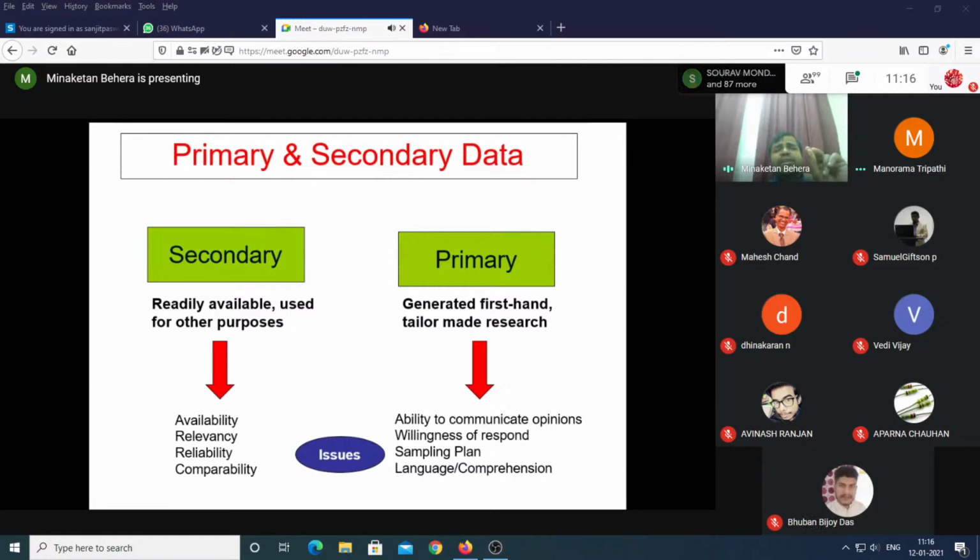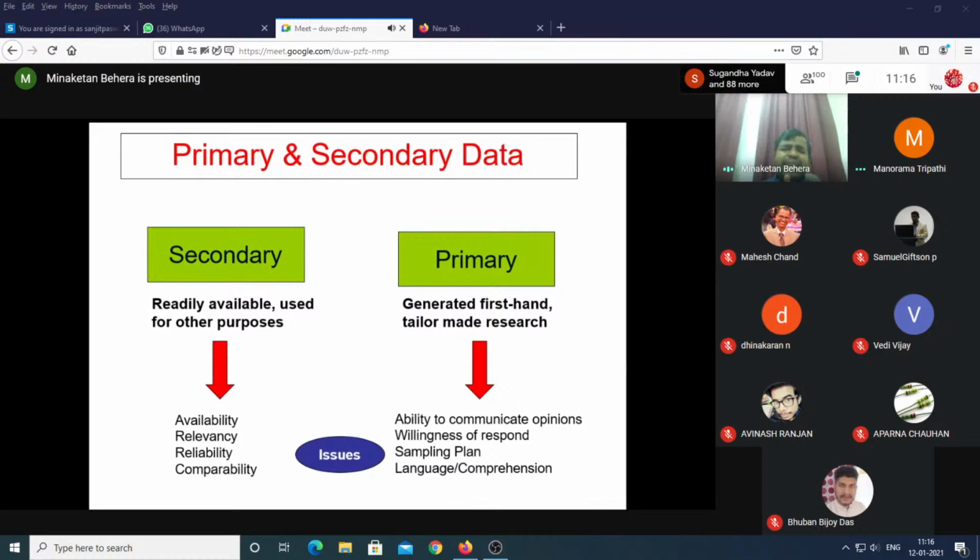Please be clear on that. Whatever information you collect from the field for the first time and use, that is your primary data. This is the difference between primary and secondary data.